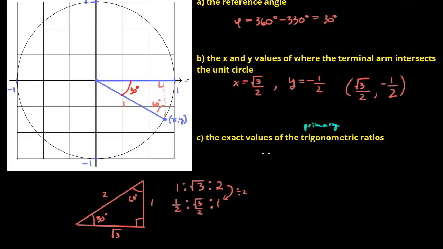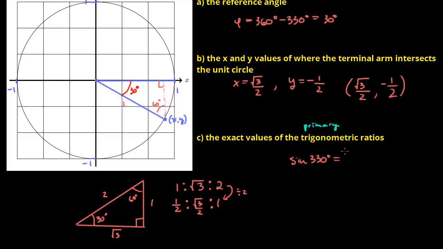Next, it wants us to determine the exact values of the primary trigonometric ratios. So recall that the sine of theta, or here we can write the sine of 330 degrees, is equal to the y value divided by the radius, and the radius for the unit circle is just 1.